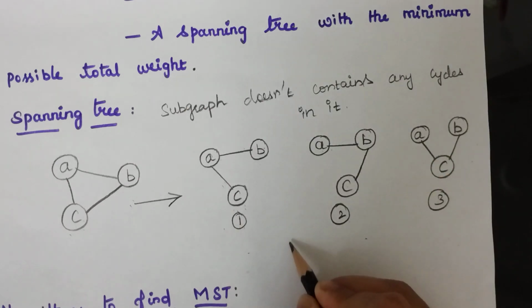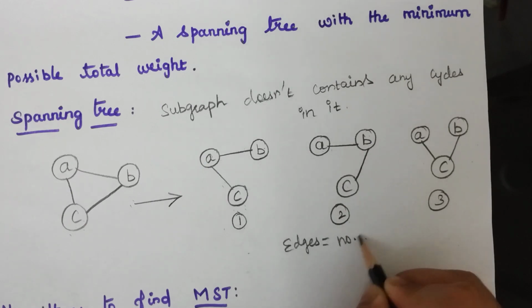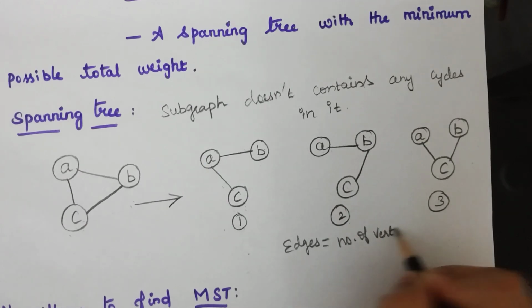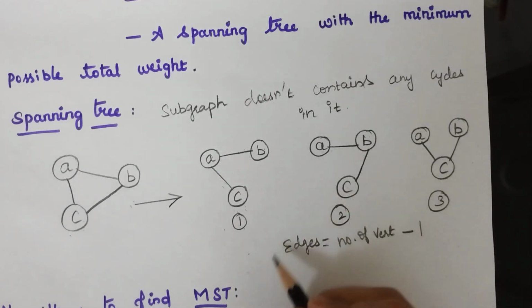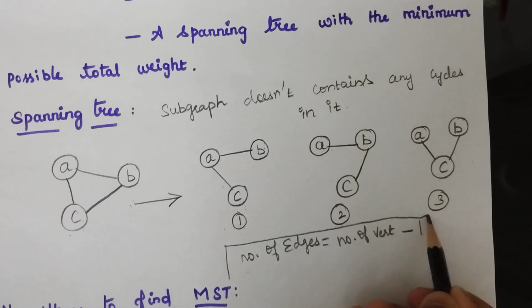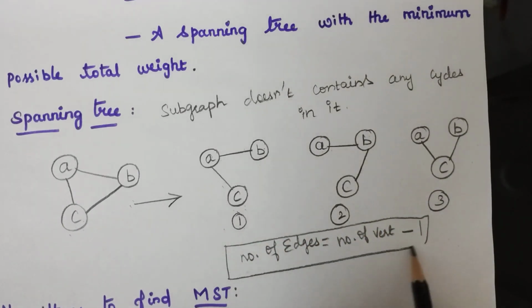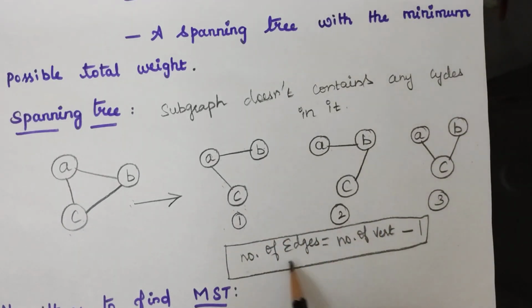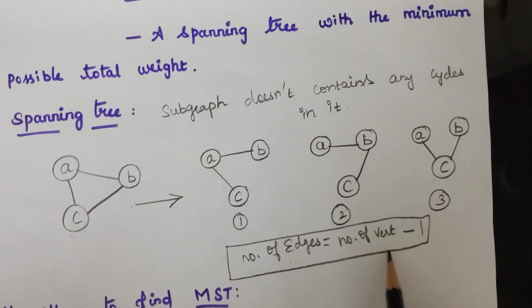So the number of edges of a spanning tree is the number of vertices of the graph minus 1. Remember this formula whenever you are constructing any spanning tree. Fine, so this is what a spanning tree is.